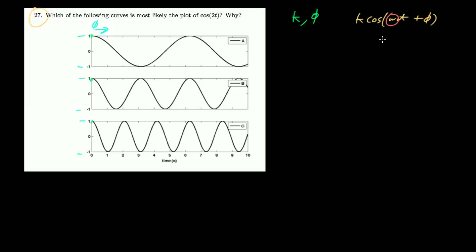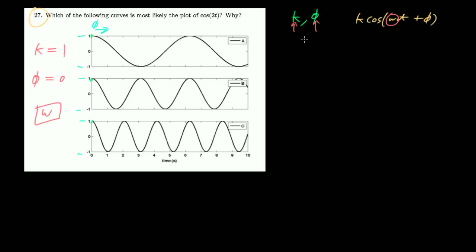We know all the k's are equal to 1, and all the phi's are equal to 0 because there's no phase shift. So the way they vary is in terms of omega.